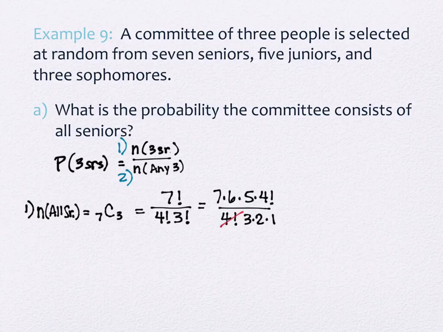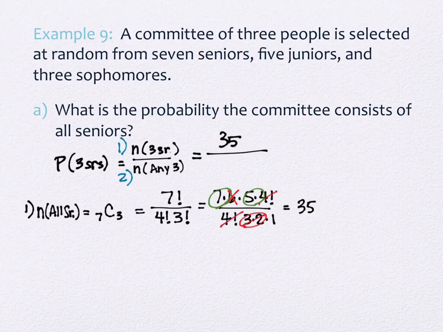Okay, so 4 factorial cancels. What else? 3 times 2 cancels with 6. So all I'm left with is the 5 and the 7, and 5 times 7 would be 35. Okay, so I found the numerator. It's 35.